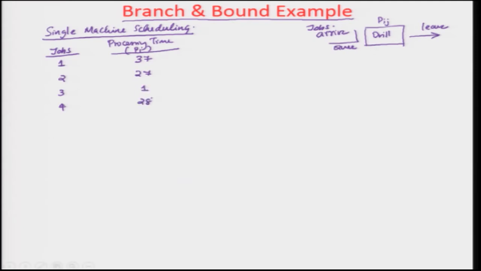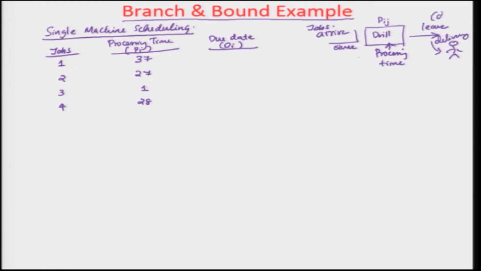Okay. And then there is one more that is called the due date, where you are supposed to deliver the job. So, this is the processing time, associated with this. Then here is a customer sitting here, and here is the delivery.